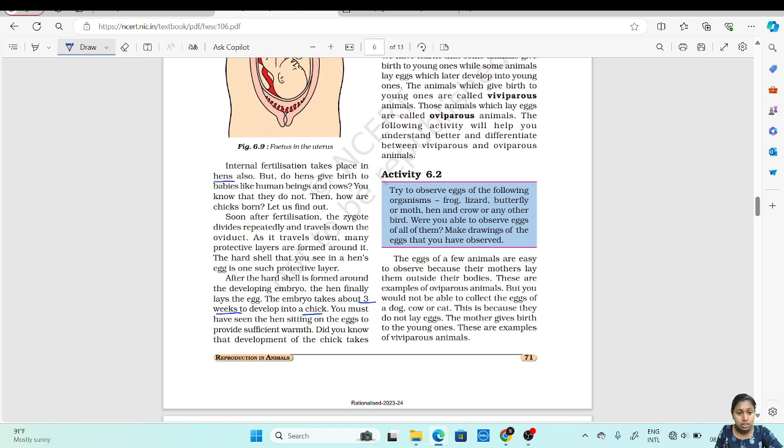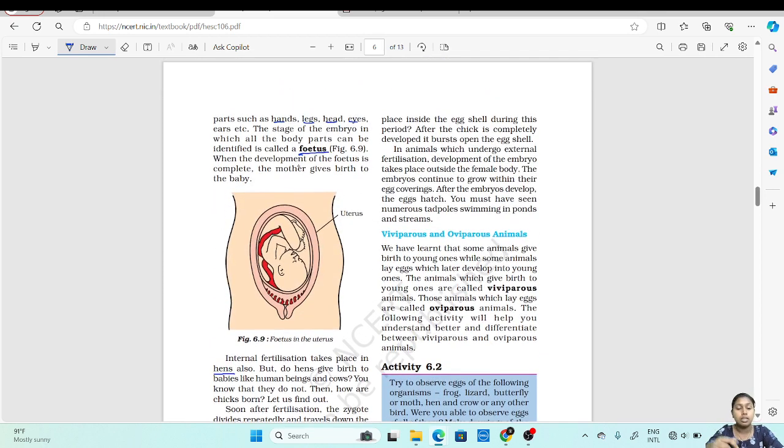For these 3 weeks, you have seen that the hen sits on the egg. Why does it sit on the egg? To provide sufficient warmth, the heat of the hen's body, due to which the embryo develops into a chick, the baby hen, placed inside the eggshell.